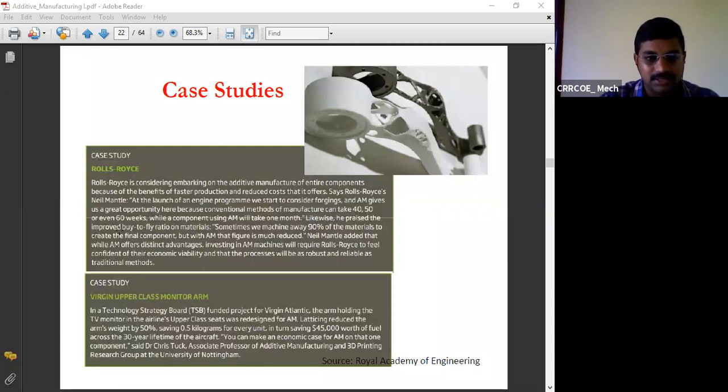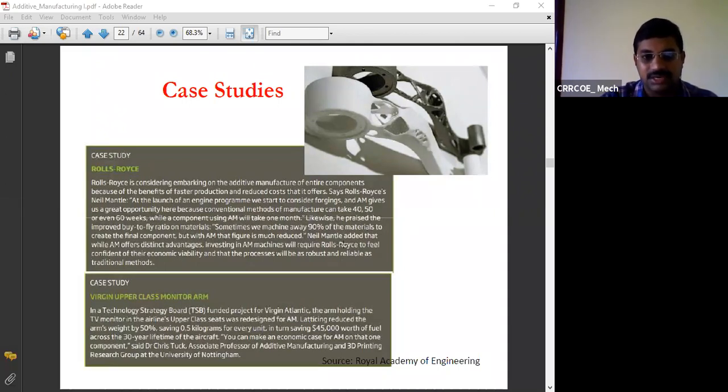Likewise, the buy-to-fly ratio on materials. See, sometimes we machine away 90% of the material to create the final component. See, wastage of the materials, they are going to discuss majorly in this particular content. But with AM, that figure is much reduced.